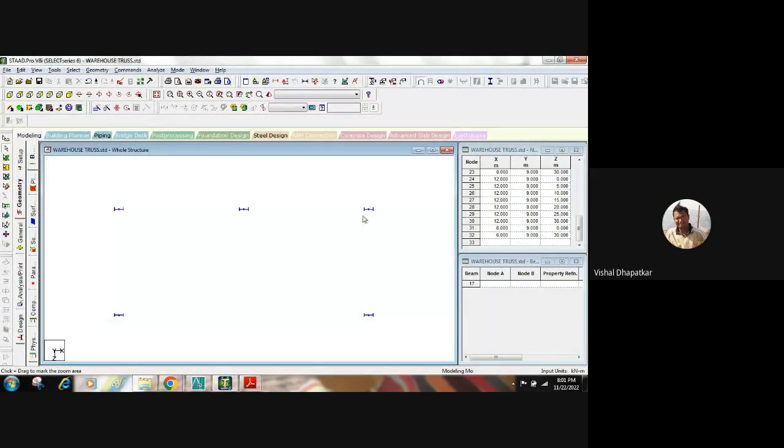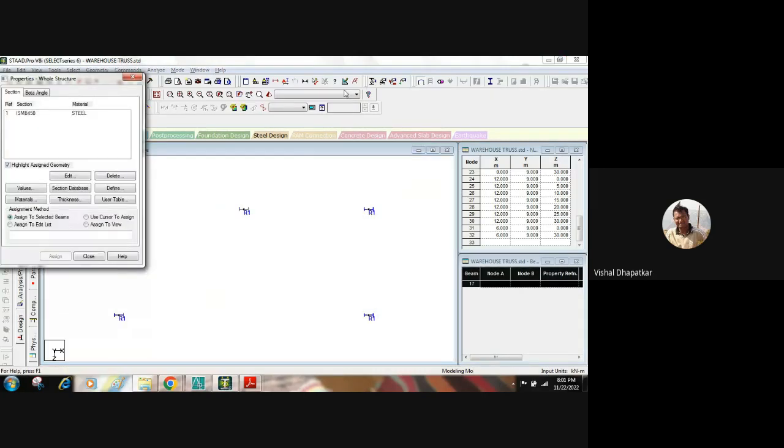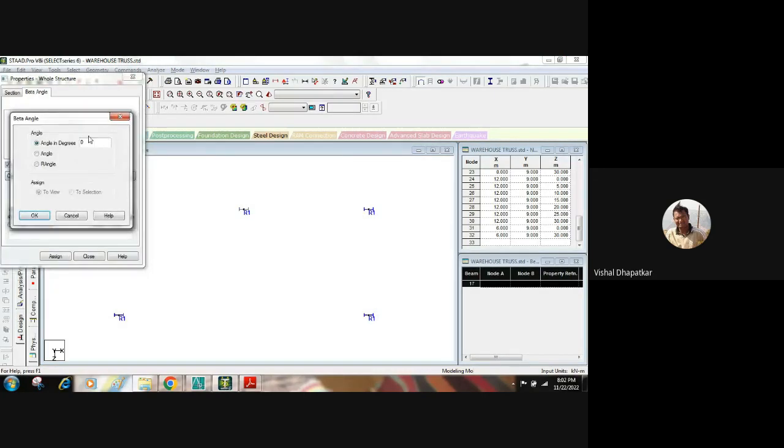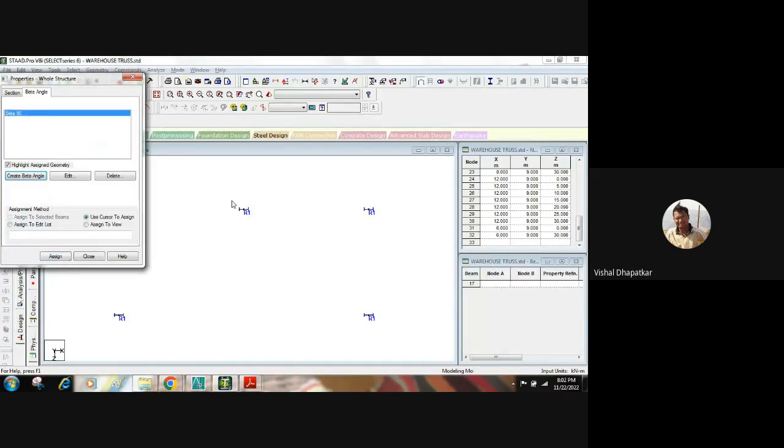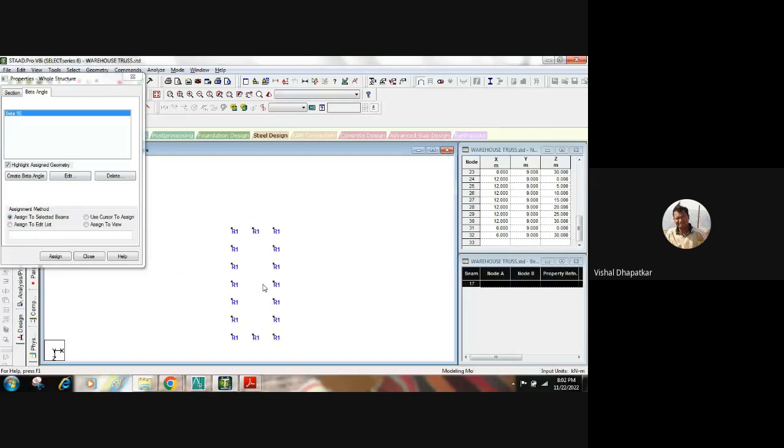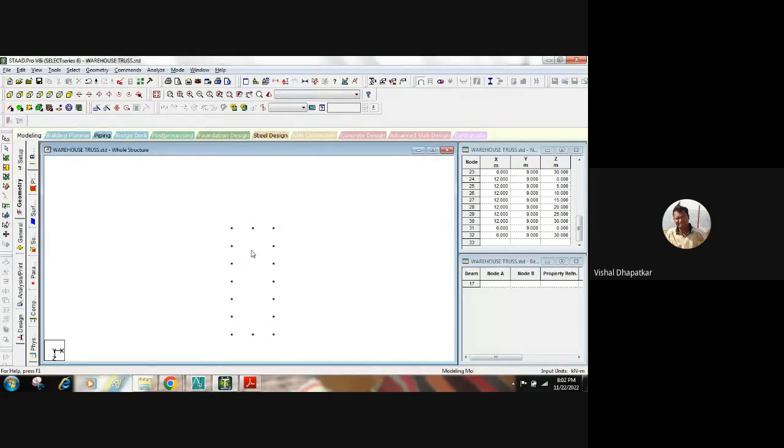So that's why this orientation is correct. This orientation we have to change. So we'll assign a beta angle of 90 degrees, and we'll apply it to both the columns. Okay. So now the orientation is changed.